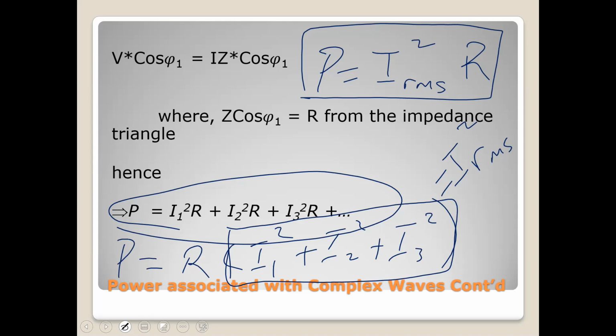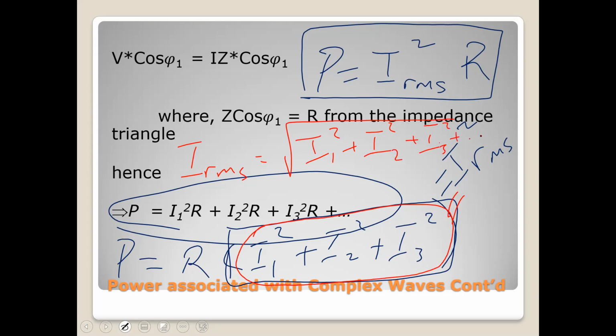And I'm saying that this expression here, when I factorize, is equal to the square of the RMS. From lesson 1, which I had asked you to review, IRMS is equal to the square root of the sum of the squares. By definition, that is the RMS.